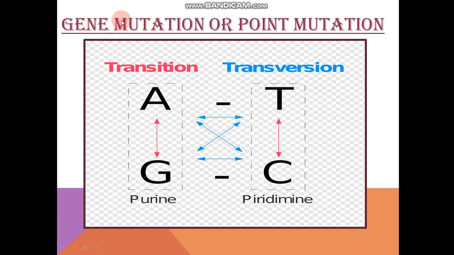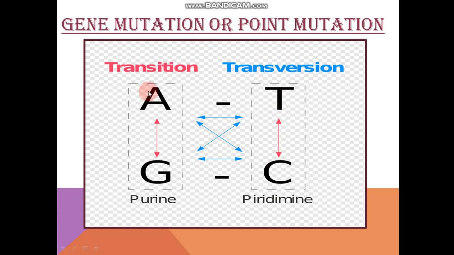Point mutation can be of two types. See here, it can be transition or it can be transversion. Transition is written in red, so all the red arrows are depicting transition here, whereas the blue arrows are depicting transversion. Just understand, when an adenine is replaced by a guanine, that means a purine is replaced by a purine, or a thymine is replaced by a cytosine, or cytosine replaced by thymine, that means a pyrimidine is replaced by another pyrimidine.